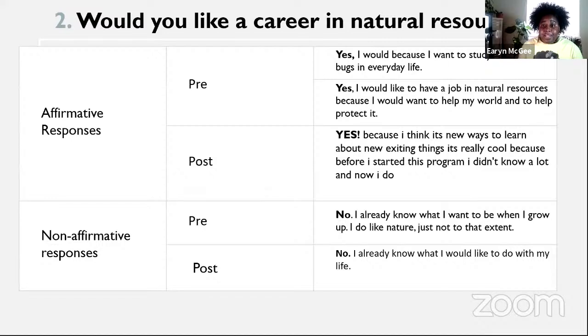So that means that there's some interest in the environment, but they're not necessarily interested in the career. And so the point of this program was not to convince these girls to adopt a career in natural resources, but the survey did highlight that some of them were already interested. So we need to be providing these girls resources to find pathways into these careers.